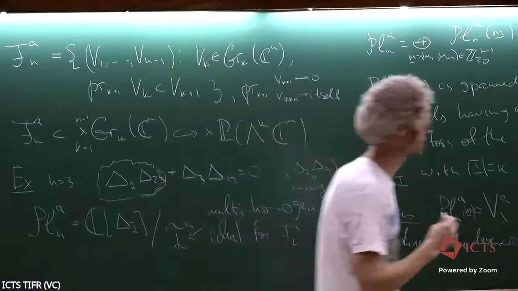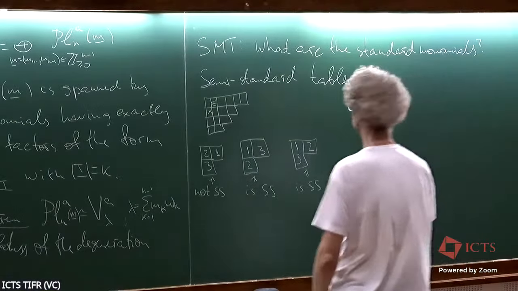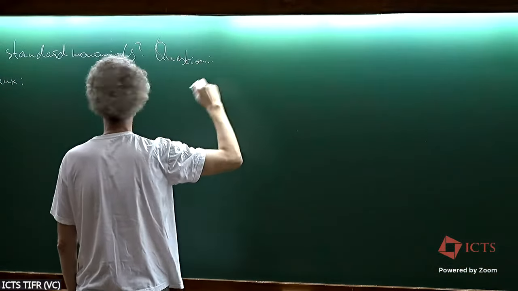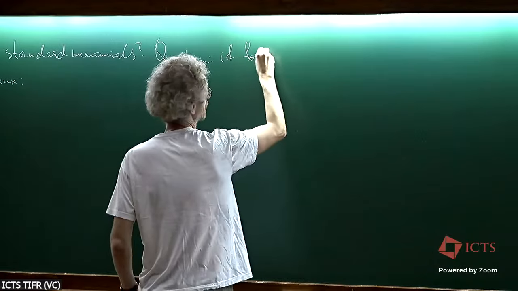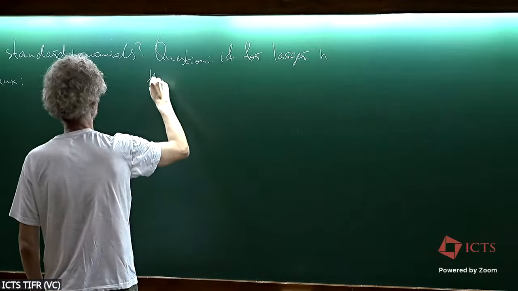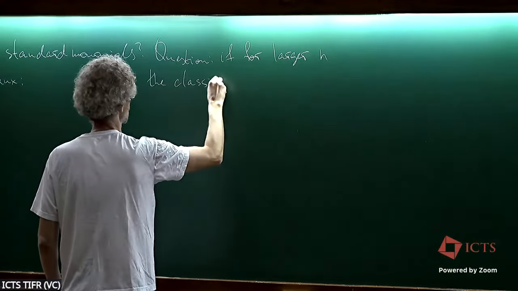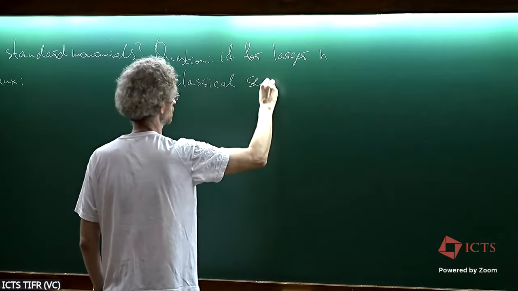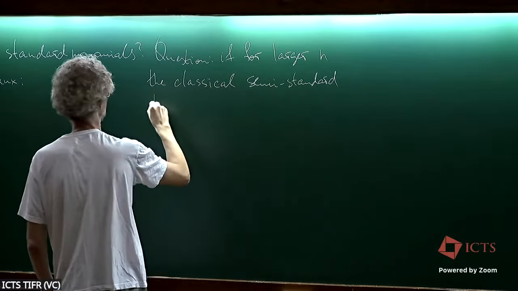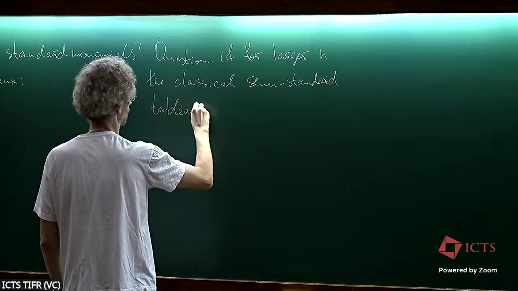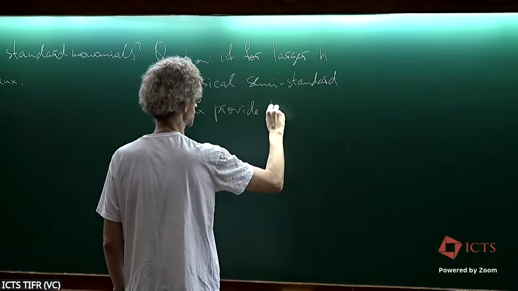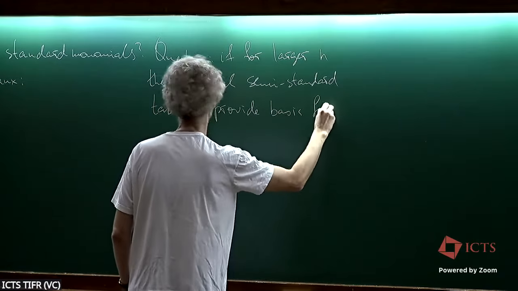But the question is, for larger n, do the classical semi-standard tableaux provide a basis for this degenerate situation?